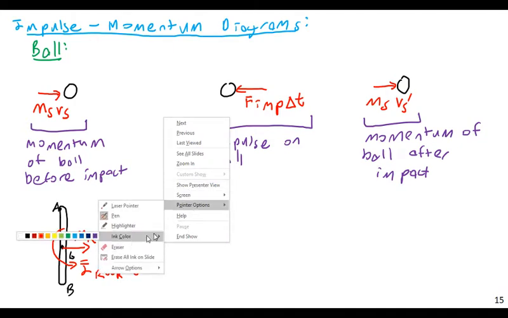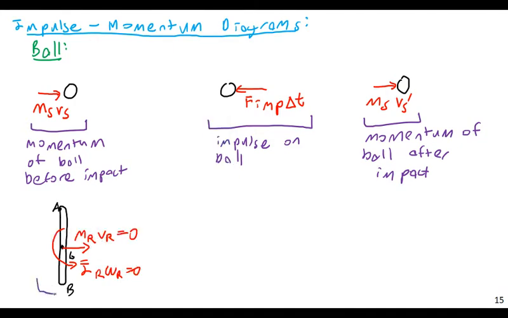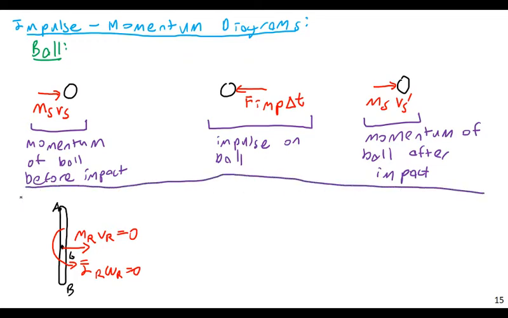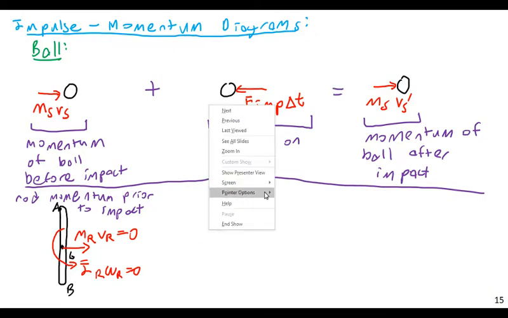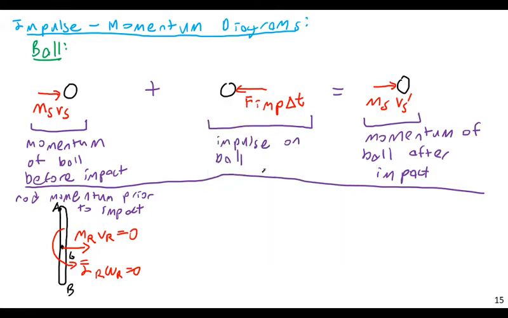Let me label it up here. This is rod momentum prior to impact. And I could also show a plus here and an equals. And then I want to show the rod with its impulse, or F impact.